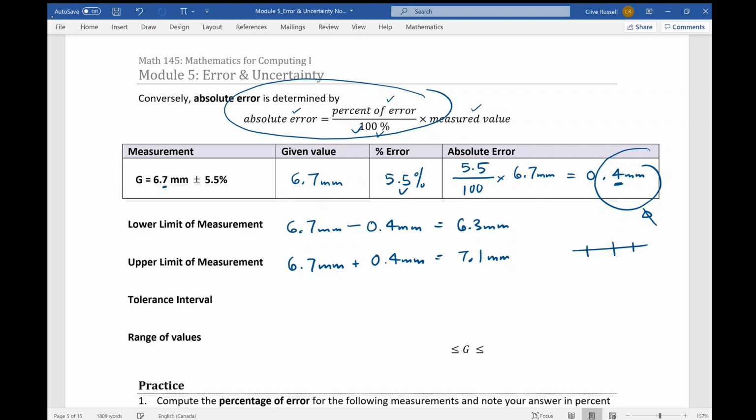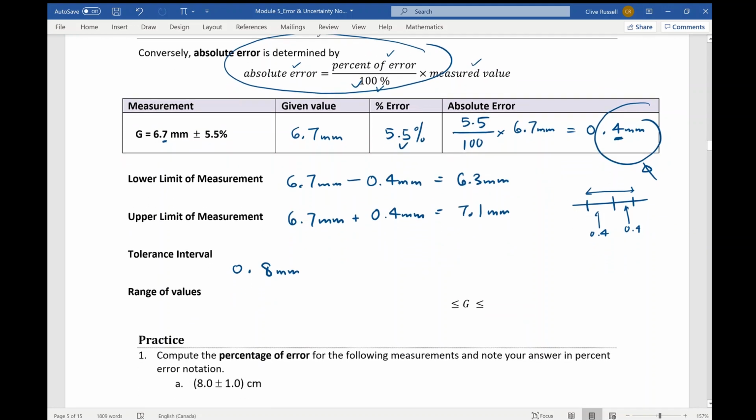We have our upper and our lower limit, so we want to go from here to here. So one of this is just 0.4, so you double that, 0.4 here again, so it's going to be 0.8 millimeters. And of course our range now is that G is bigger than the lower limit, which is our 6.3 millimeters, and our upper limit is right here, that's my 7.1 millimeters.